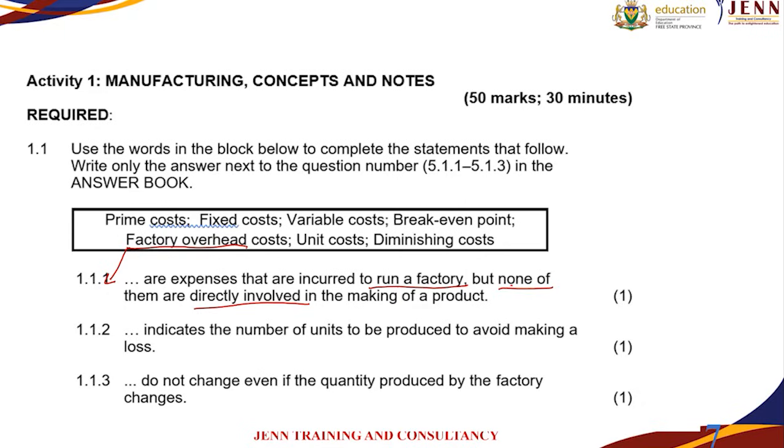And then the second one says, dash indicate the number of units to be produced to avoid making a loss. Now, when you run a manufacturing business, you need to know how many units am I supposed to produce before making a profit or a loss. If you refer to economics, there is a topic of price theory.